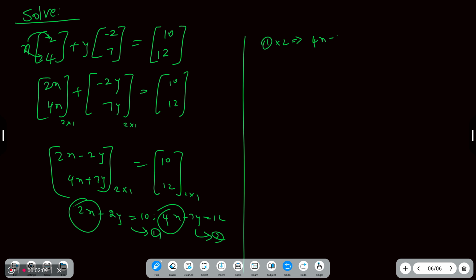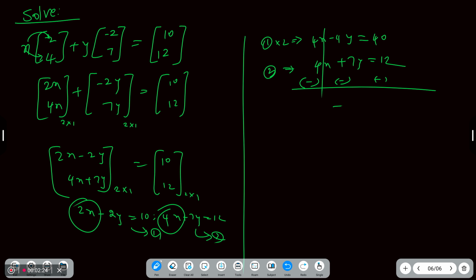So 4x, minus 4y, 4 into 10, 40. And equation 2 you write as it is, I am not multiplying anything: 4x plus 7y equal to 12. Now if you give opposite sign, this will cancel. Minus 11y is equal to, when you subtract, 28. So 11y is equal to minus 28, y is equal to minus 28 by 11.